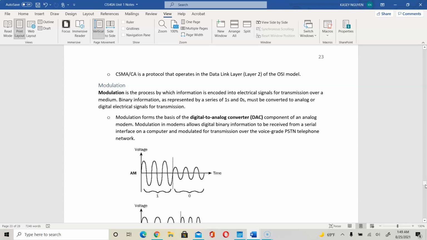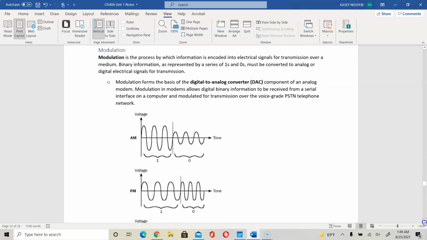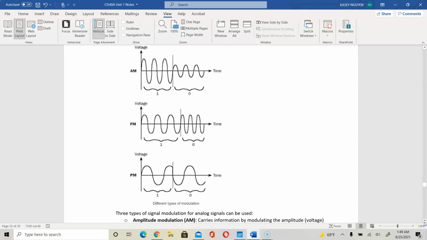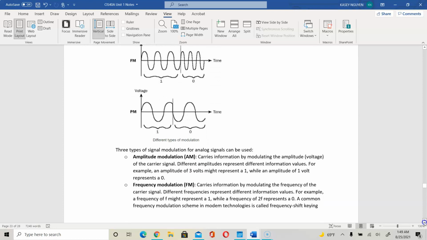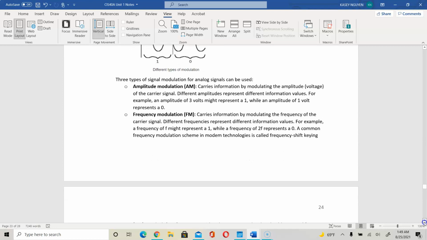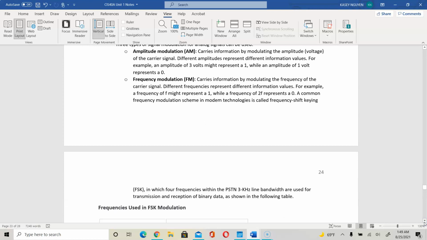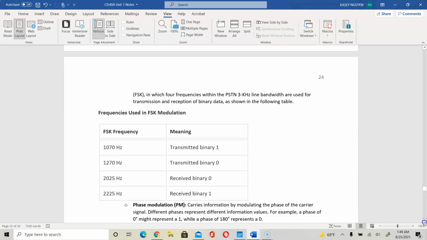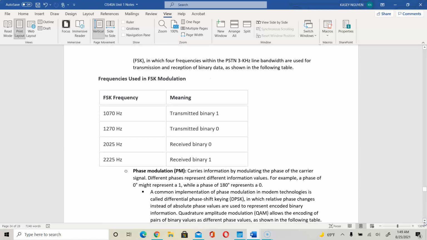So there are three types of modulation, AM, PM, and FM. AM stands for amplitude modulation. FM stands for frequency modulation. And PM stands for phase modulation.